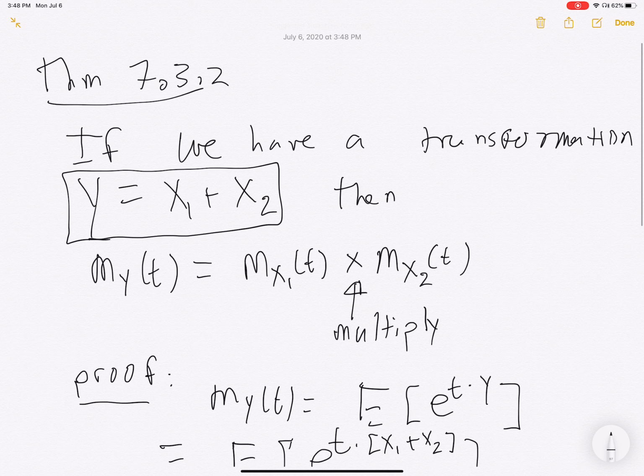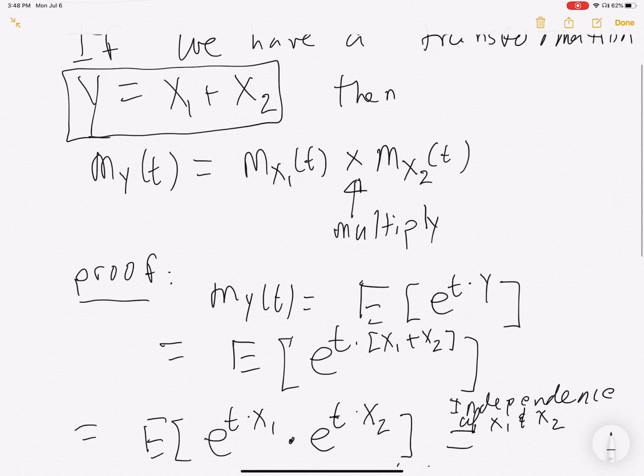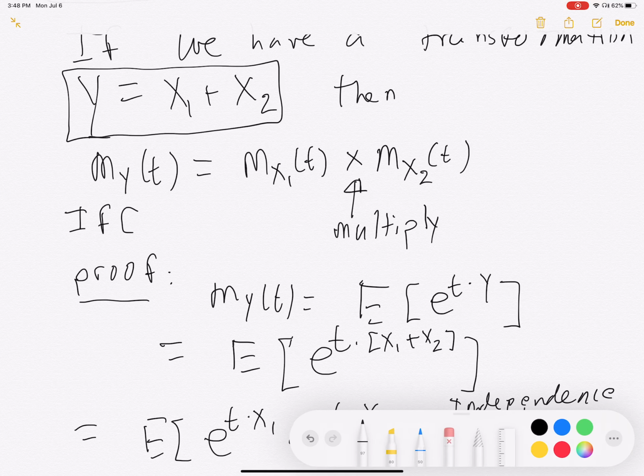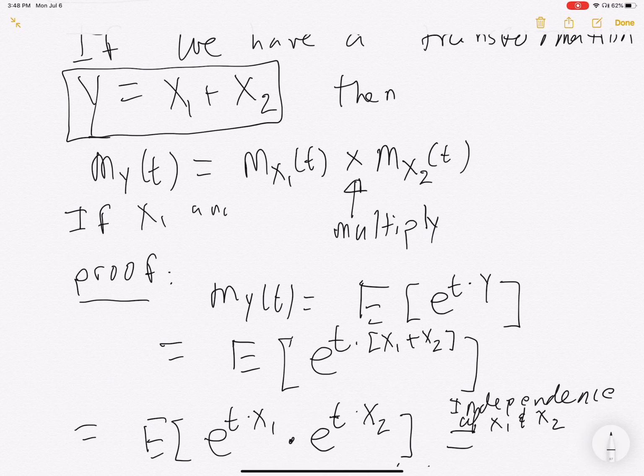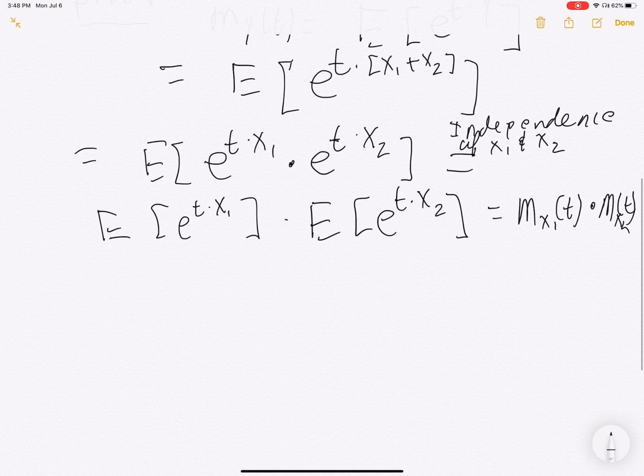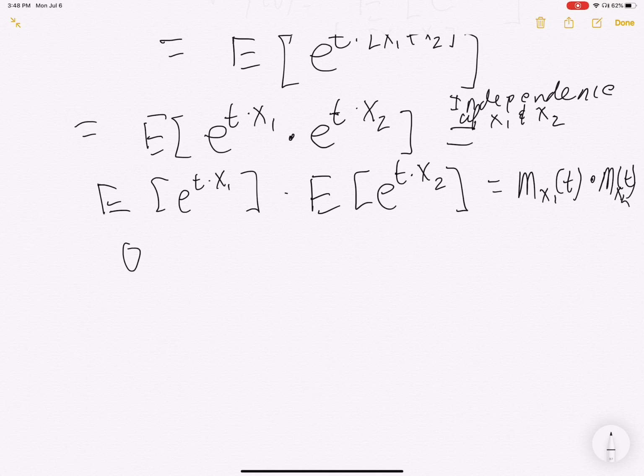And so there's going to be one more statement in this: I need to assume x1 and x2 are independent. Okay, and then we've proved the statement.